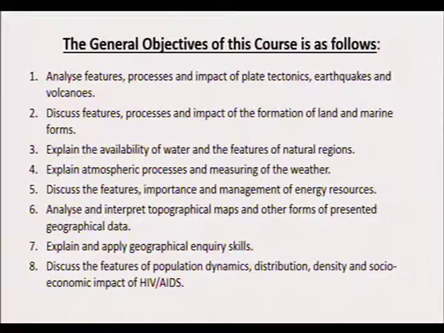At number 8, it is important for students to discuss the features of population dynamics, distribution and density, and the socio-economic impact of HIV/AIDS. So under population geography, its distribution and density, it is very important to know the movement of people, because that contributes to how people are distributed and the density of people at certain areas.